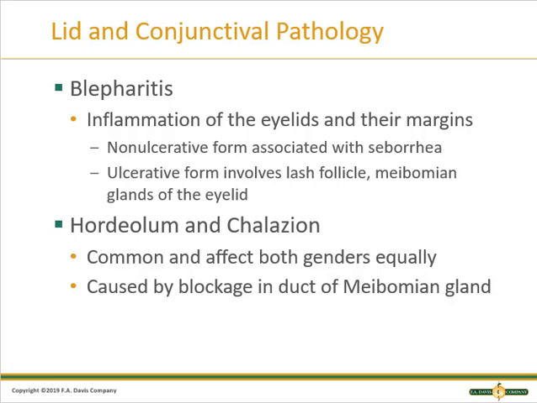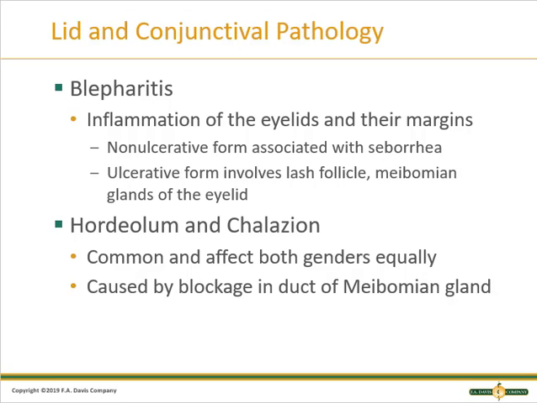The next conditions we're going to talk about are hordeolum and chalazion. Hordeolum is also known as the stye, and it's inflammation or infection of the eyelid margin that affects the hair follicle or the eyelashes. The chalazion is a granulomatous infection of the meibomian glands that presents as a painful swelling of the eyelid.